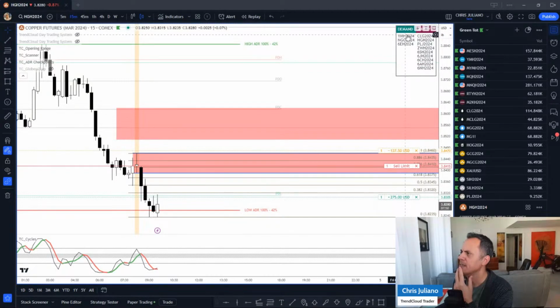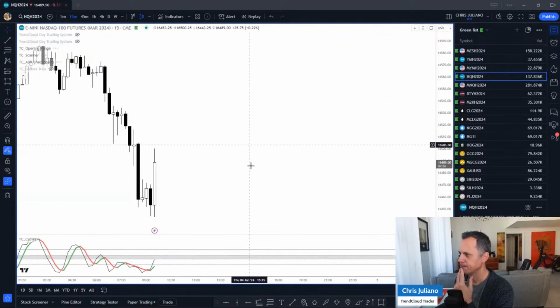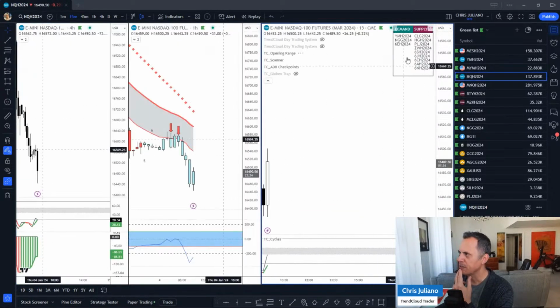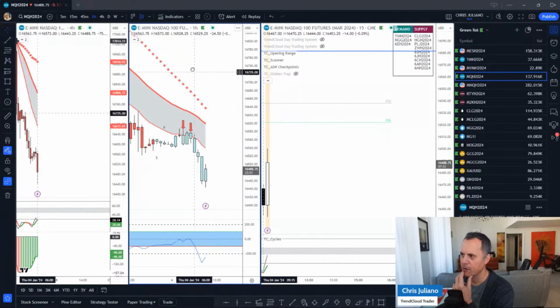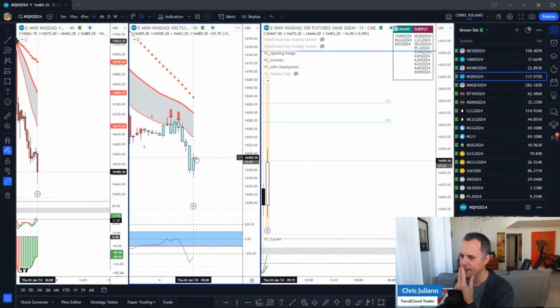We've got a long on the Dow here, but if the NASDAQ is trying to break to the downside, it means that it might be a really early move. Oh, we are extended again though. Okay.